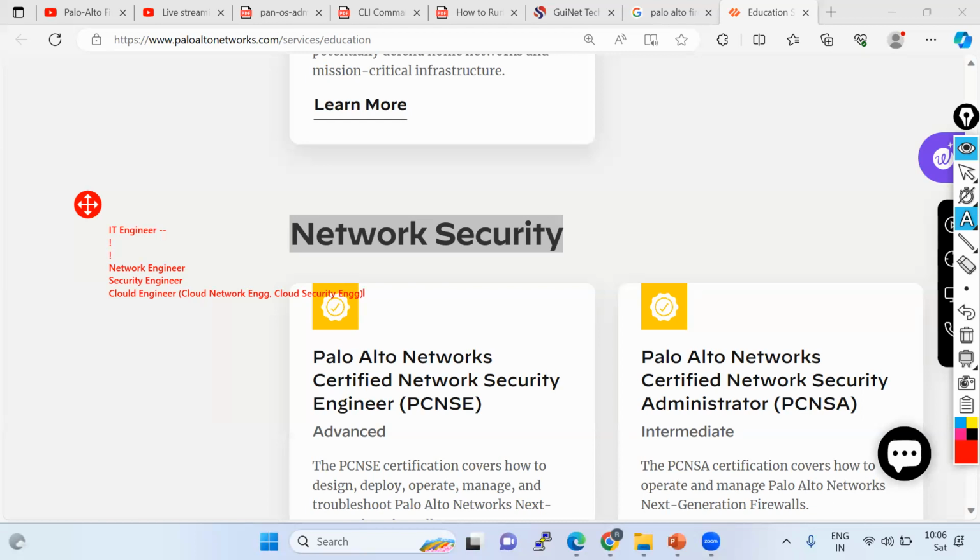Some engineers are very good and know both. For cloud security engineers also, we have a lot of scope.